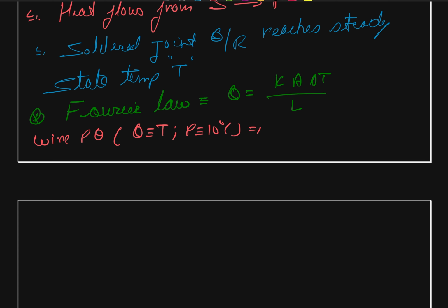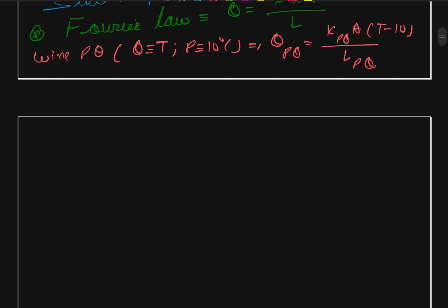Therefore, we can write our Q for PQ will be equal to K of PQ times A, the area, which we can assume is the same because it is not specified otherwise, times T minus 10, divided by the length of PQ.